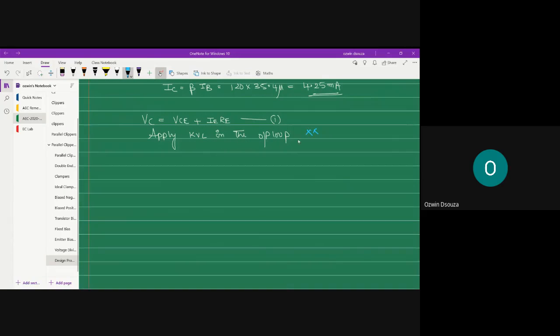Right, so I'm applying KVL in the output loop in anti-clockwise direction, basically. So what do I get? I get VCC minus ICRC minus VCE minus IE into RE, which is nothing but my emitter drop.